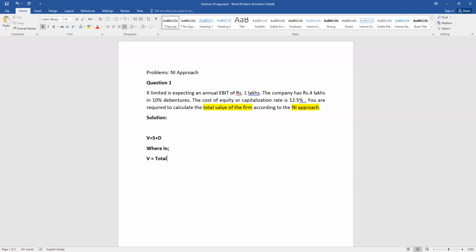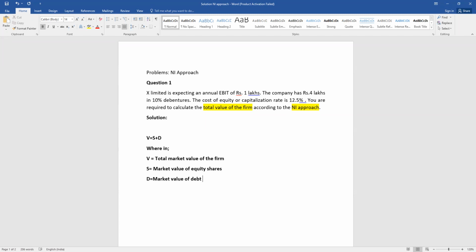total market value of the firm, S is equal to market value of equity shares, and D is equal to market value of debt.